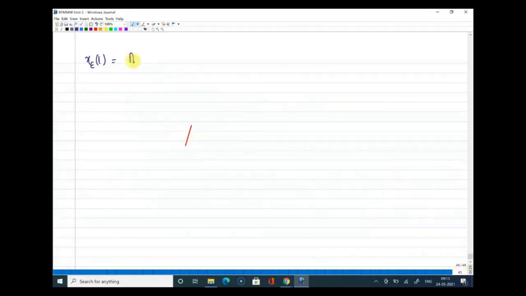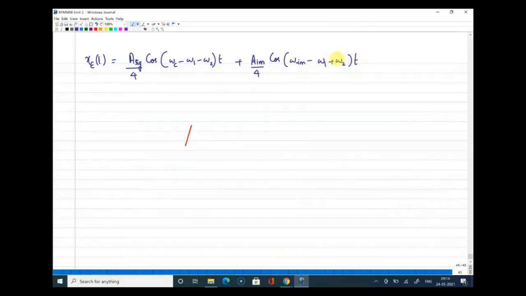So Xe of t will be equal to A signal by 4 cos of omega c minus omega 1 minus omega 2 into t, plus Aim by 4 into cos of omega Im minus omega 1 plus omega 2 into t. So this is your Xe of t signal.